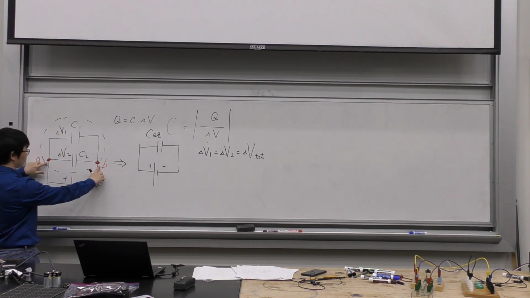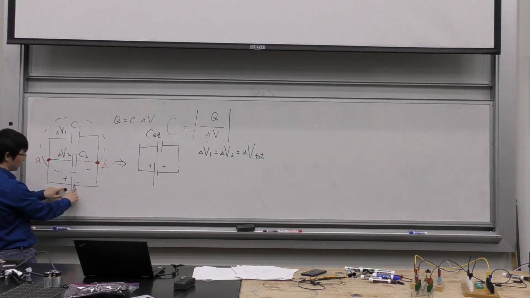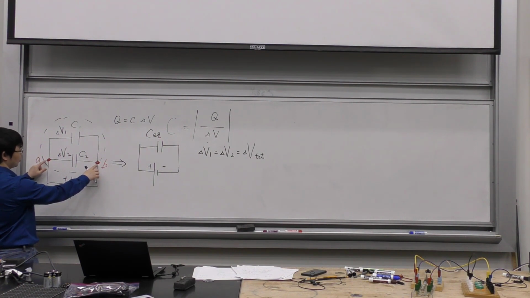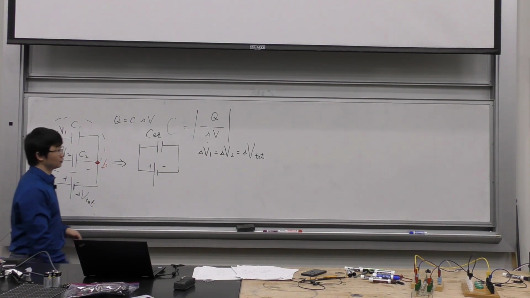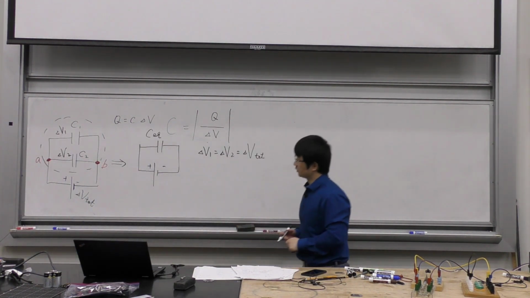The potential difference between A and B is just the potential difference between these two terminals, because they are connected directly to them. So the potential difference between A and B is equal to the voltage they get from the battery. Okay, this is obvious.